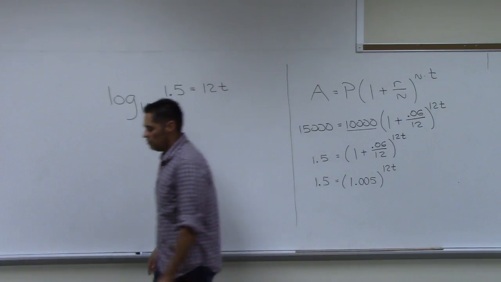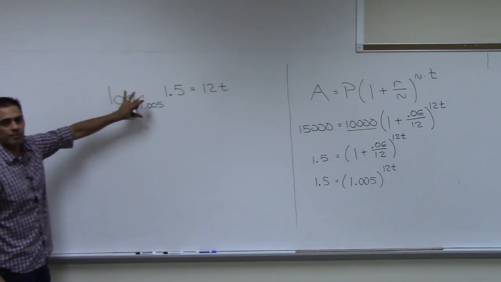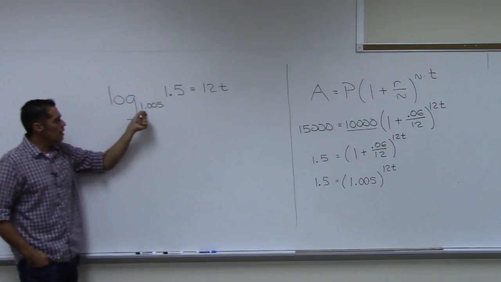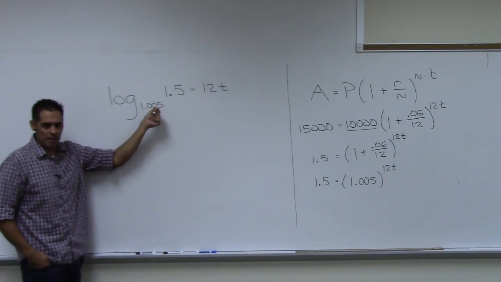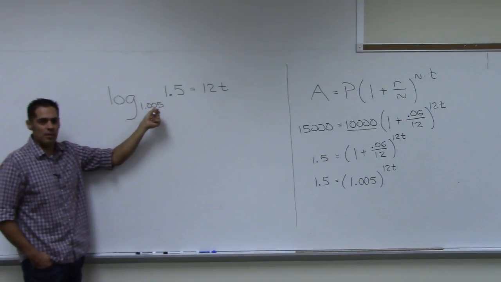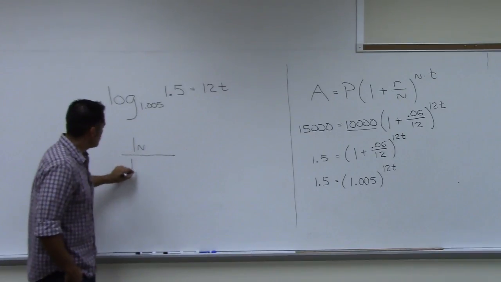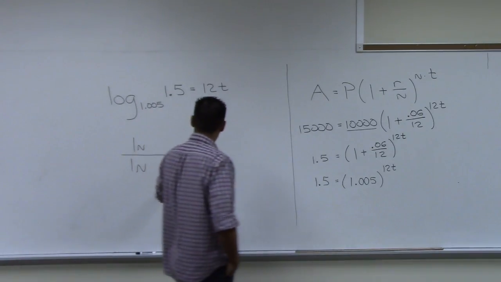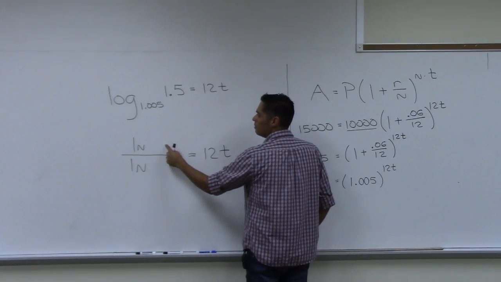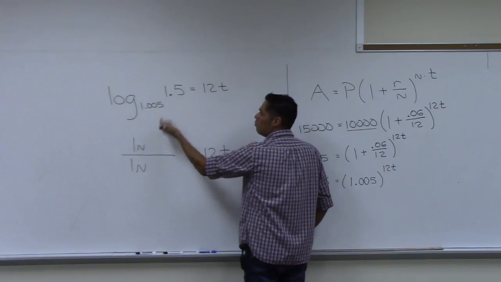Now, what does the left side become? You don't have a log base 1.005 key on your calculator, right? So you're going to do that change of base formula. You're going to make this natural log of something over natural log of something. What are those two somethings there? It's one of these, right? 1.5.